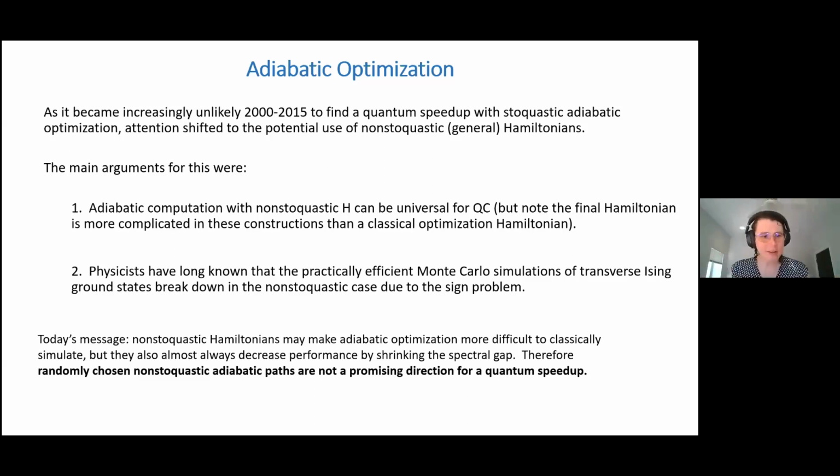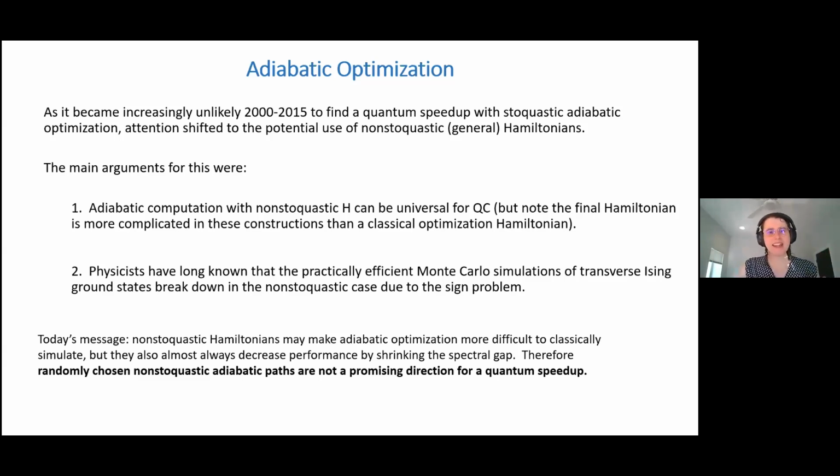But it turns out what we discovered is that moving to non-stochastic Hamiltonians almost always decreases the performance of the algorithm by shrinking the spectral gap. And so we've evaluated this long-time conjecture, and we're sending the message that non-stochastic adiabatic paths are not actually a promising direction for quantum speedup with this algorithm.